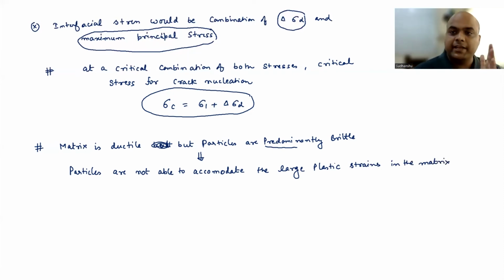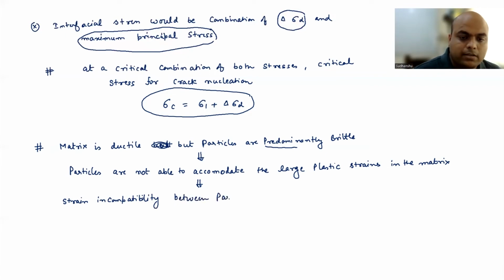So most of the strains are going to be accommodated in the matrix. So there will be a strain gradient. Okay, so you are going to have strain incompatibility between particles and matrix.